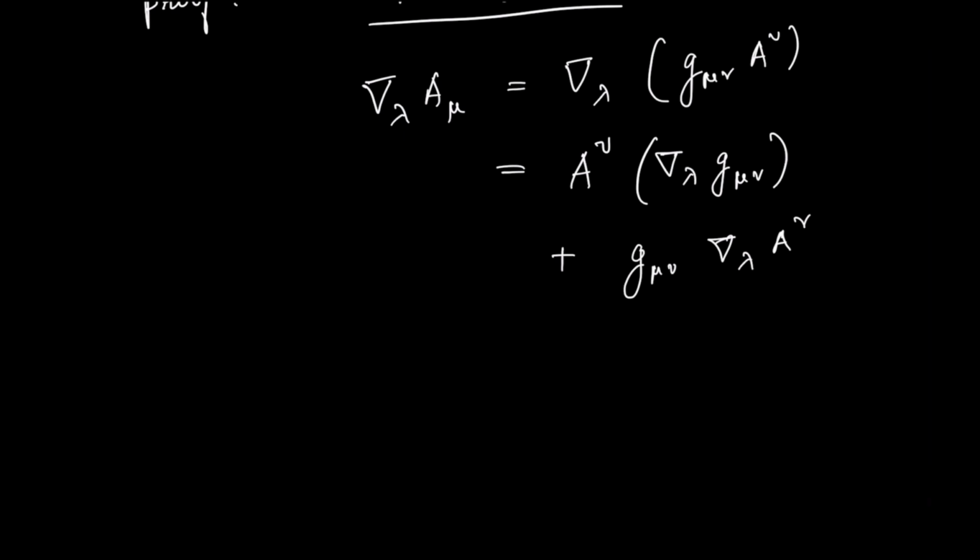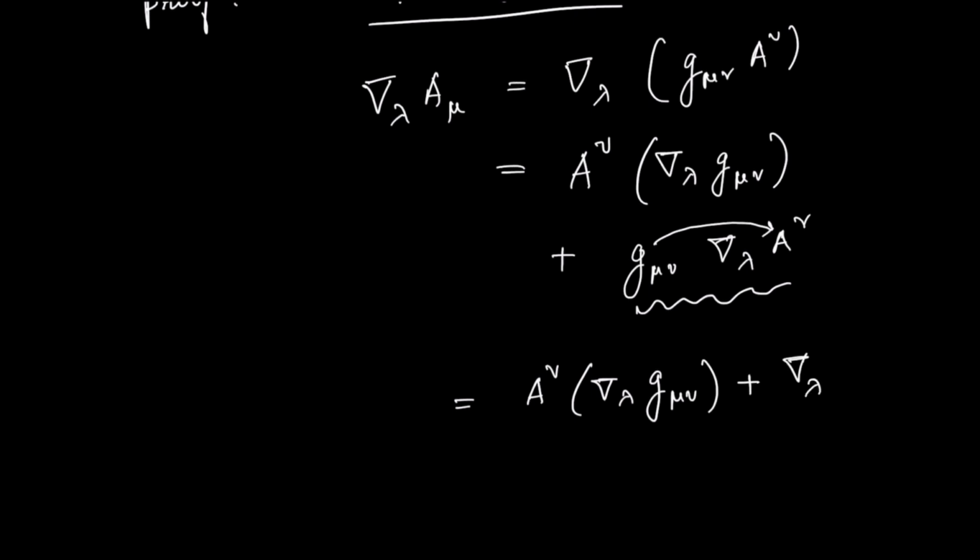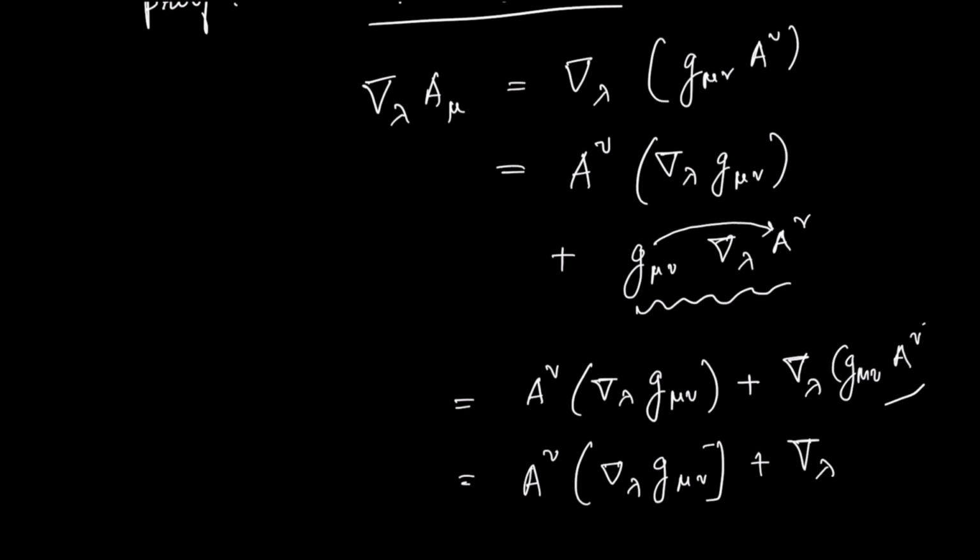In the second term I can actually multiply the vector with G mu nu before taking the derivative also. So this will be A nu del lambda G mu nu plus del lambda of G mu nu A nu, and G mu nu multiplied by A nu will be again A mu.